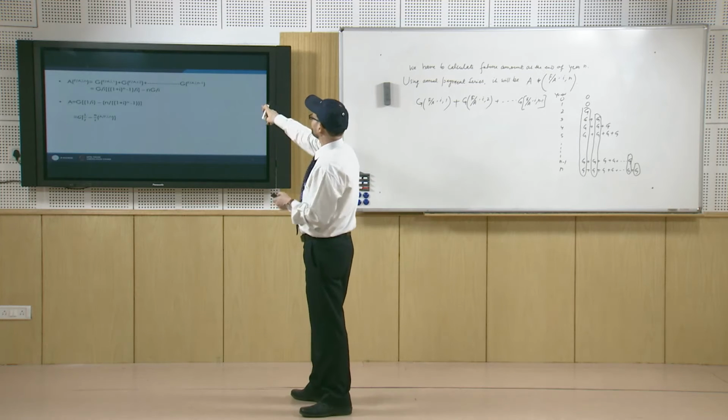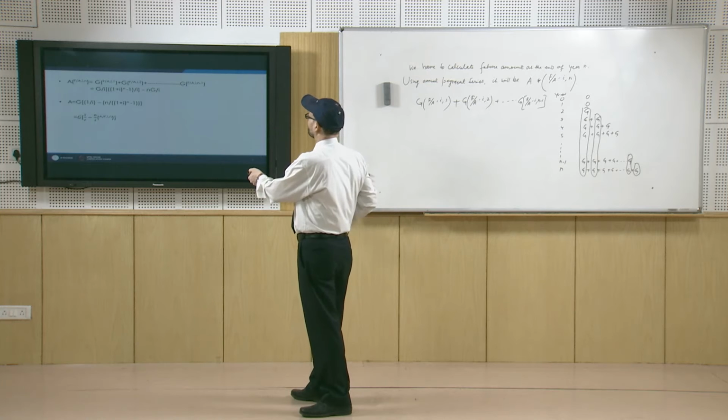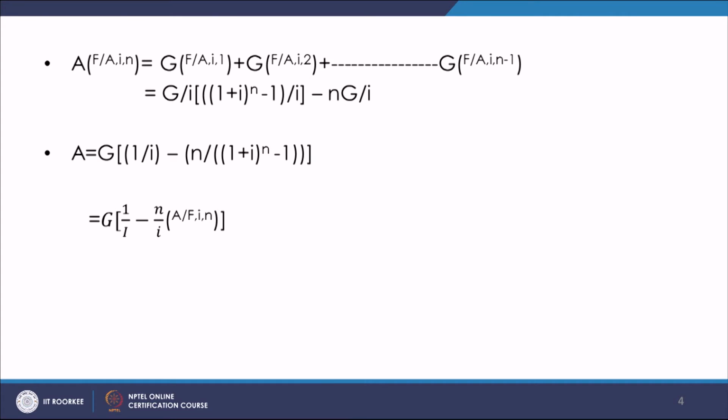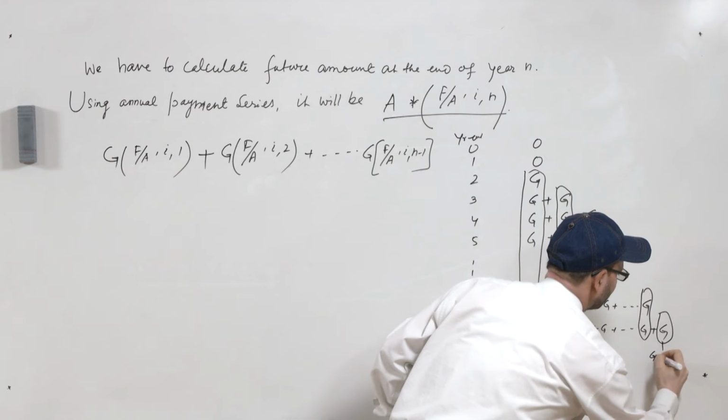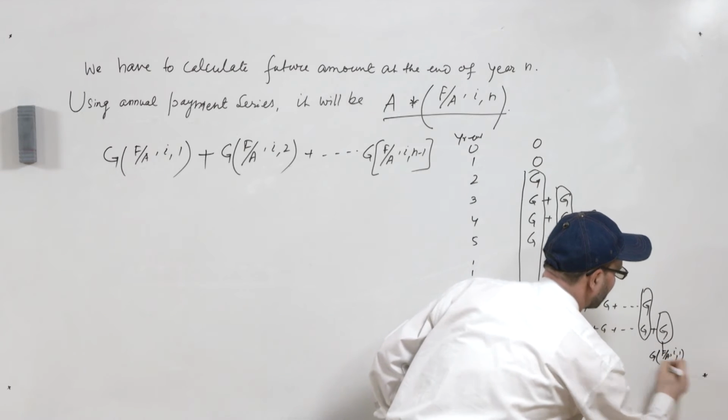So, what we have seen, this is the expression what we get, a into f by a I n should be equal to g times f by a I 1, that is single g. So, you can write here this is nothing but g times f by a I 1.